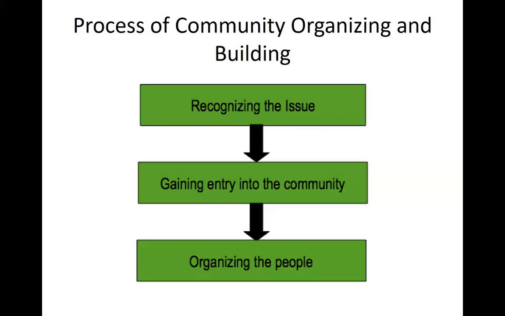Gatekeeper is a key term, and a person that you need to be able to connect with so you can get entry into that community. When I was in Brazil, I couldn't get into a favela to do my health promotion outreach without first talking with a gatekeeper, meeting with them, and setting a time so that I could come back and actually do the work that I wanted to do.